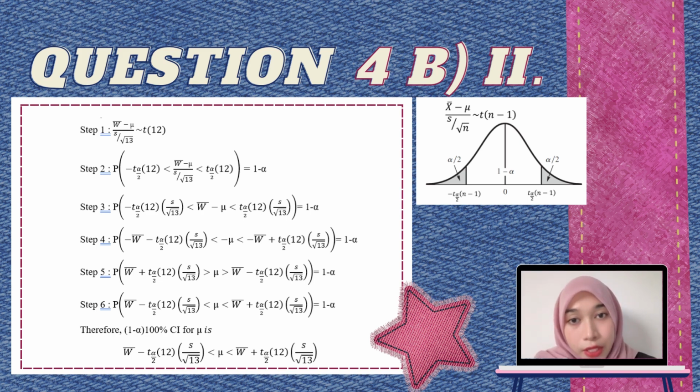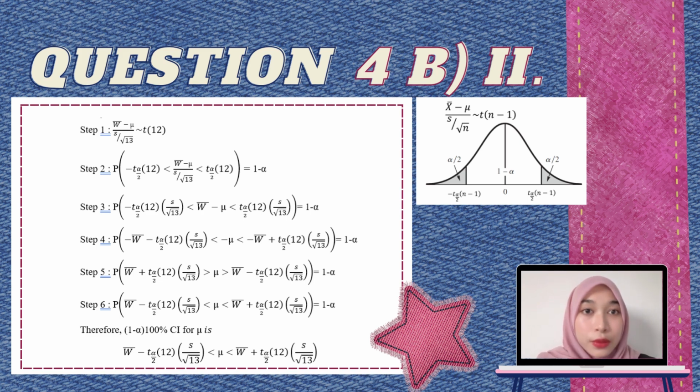So in this question, we use the T distribution. One, because of the small sample size. Second, because of the unknown sigma. And third, for question 4b1, we were asked to show that W bar minus mu over S over square root of 13 follows the T distribution.